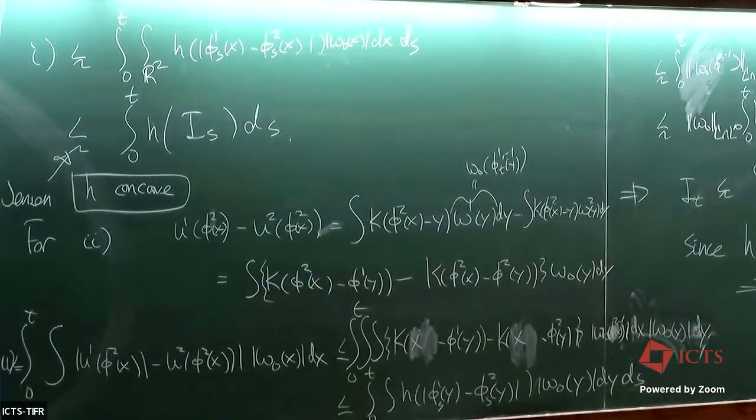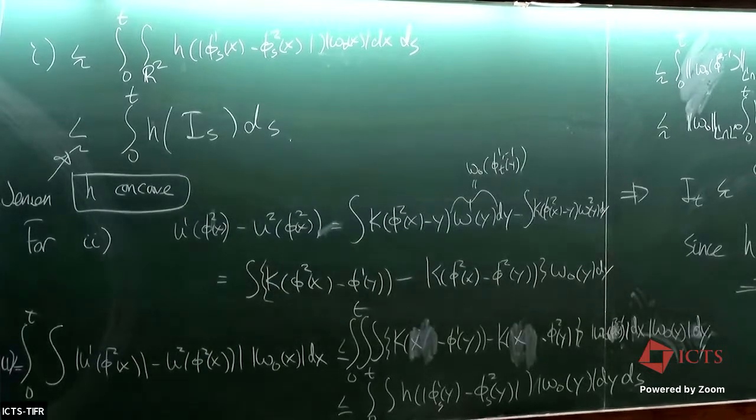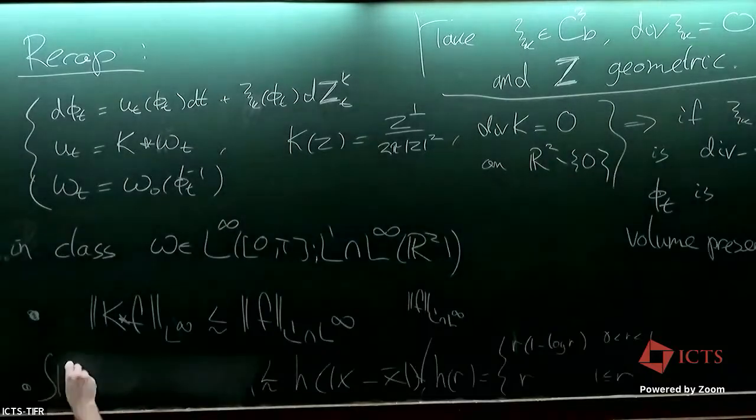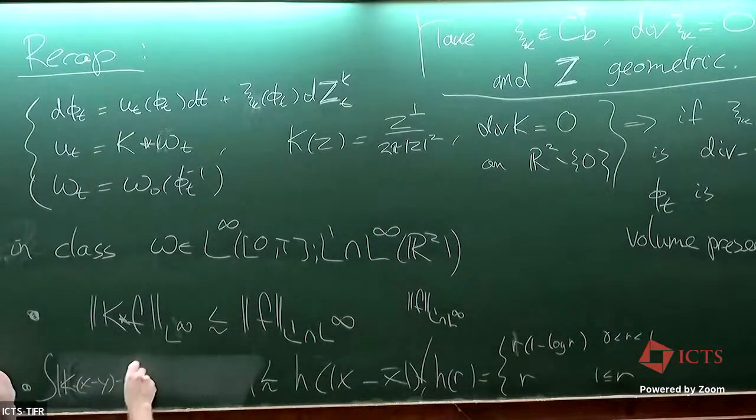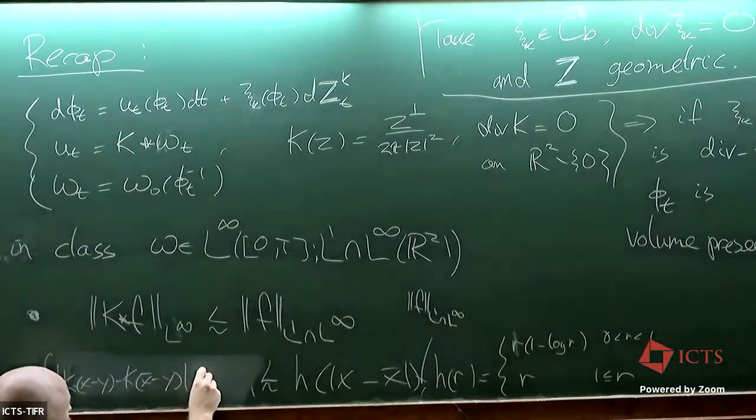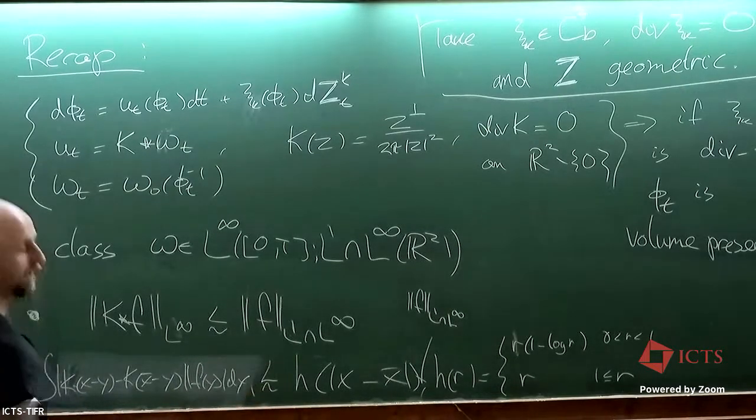But actually, okay, so I cheated you a little bit, because if you go through the proof of showing something like this, you will see that actually something a bit more strong is true. You can actually write k of x minus y minus k of x bar minus y times function y dy is bounded by this.